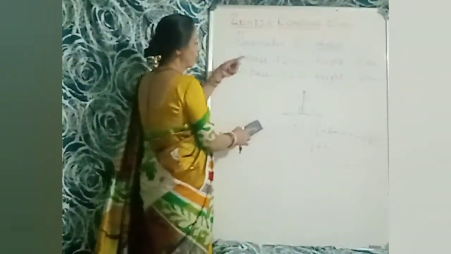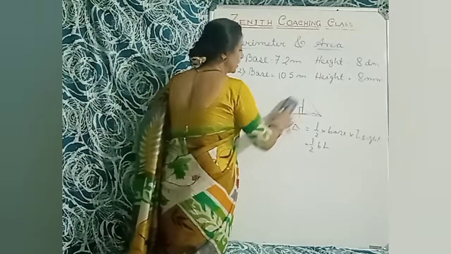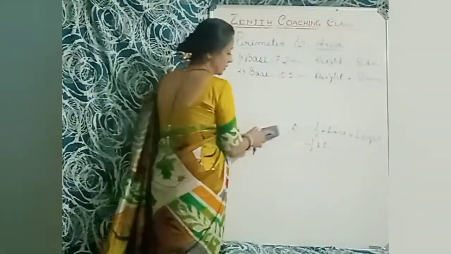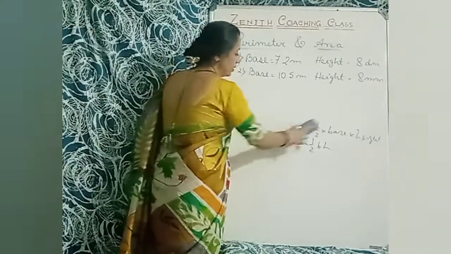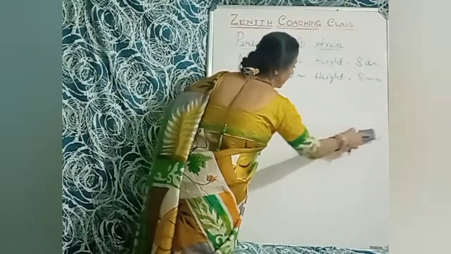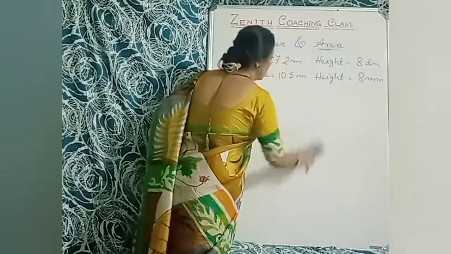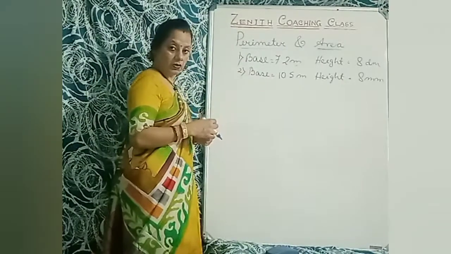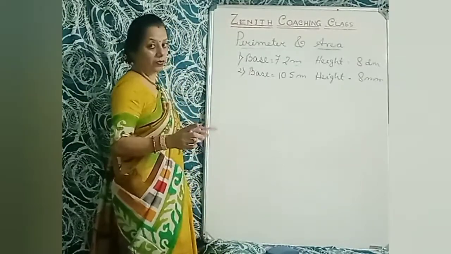This is the first sum for you. Base is 7.2 meter and height is 8 decimeter. Listen children, base is 7.2 meter and height is in decimeter. So meter and decimeter, you have to take in the same unit, otherwise the sum will be wrong.